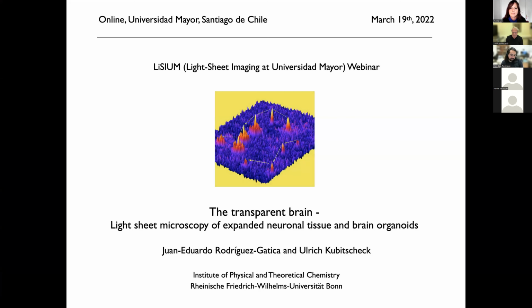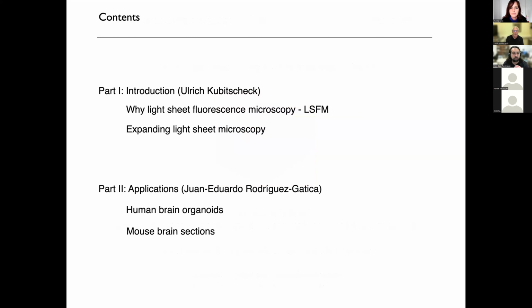So we will present light sheet microscopy as a technique to study brain tissue in two versions, first in the version of brain organoids, and then in the form of mouse brain sections. I will start out giving an introduction.